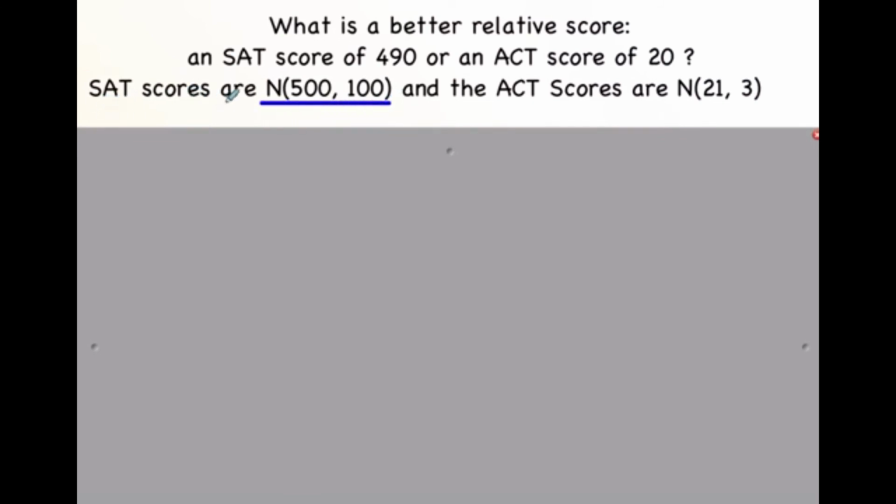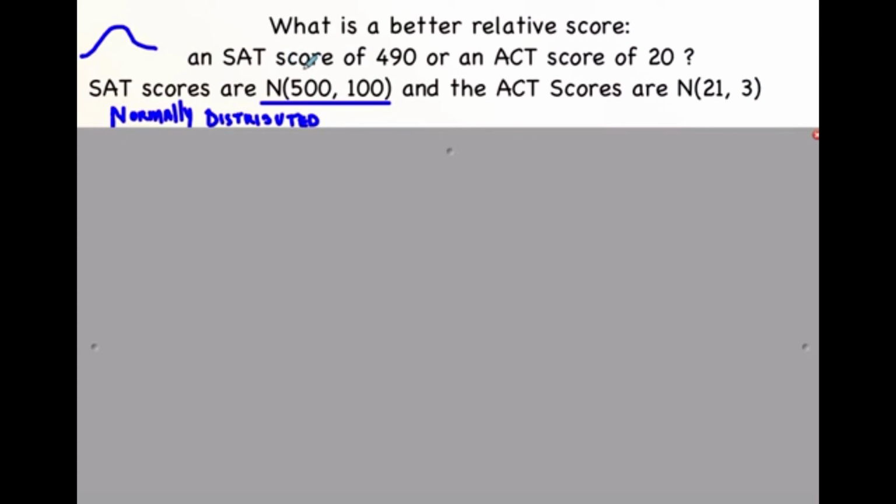If it's telling you that the SAT scores are N, 500, 100, the N means normally distributed. Normally distributed means that it follows that kind of like bell-shaped curve.